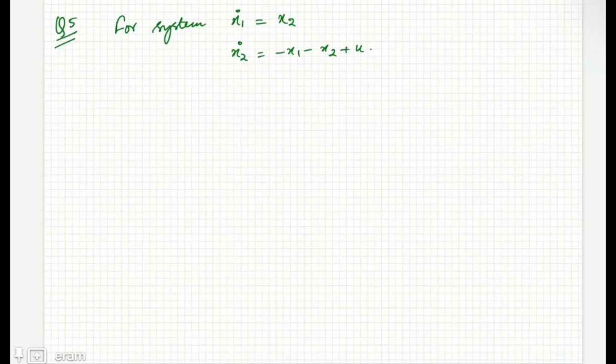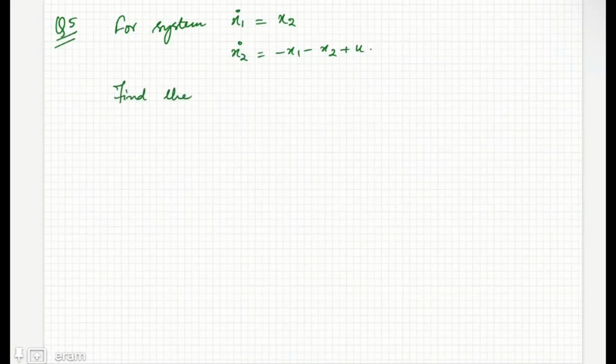Okay, so for a given system, x1 dot equals x2 and x2 dot is minus x1 minus x2 plus u.